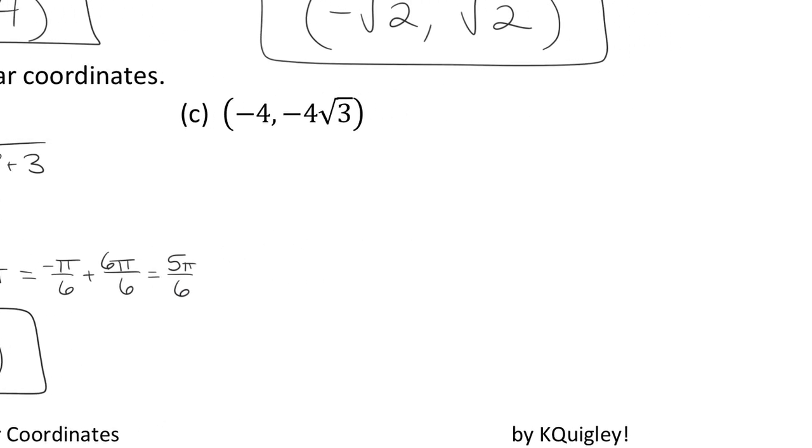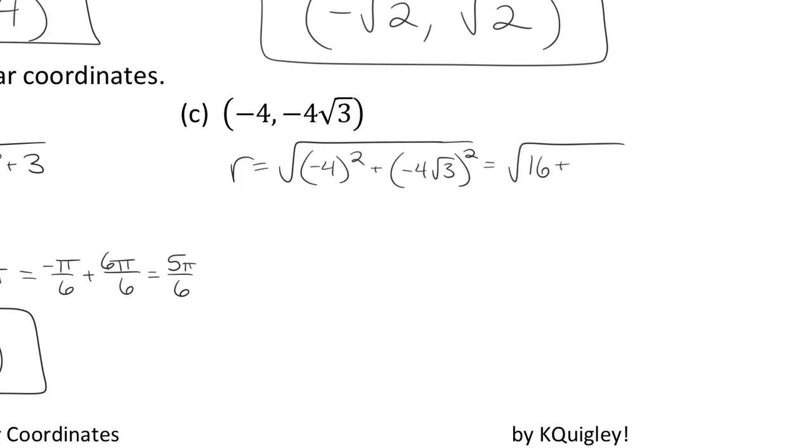So for the radius here, we did square root of negative 4 squared plus negative 4 square root of 3 squared. I am assuming that the reason you're asking me questions is because we're like, okay, well, this is clearly 16, but how do I do that part? 48. It is 48. So we will square this part, which 4 squared is 16, and then square root of 3 squared is just 3.